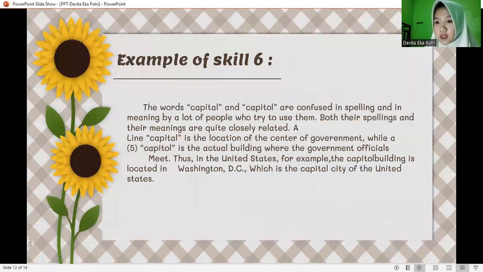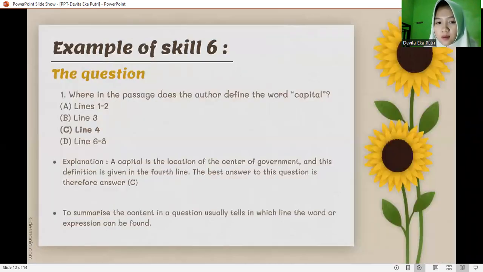Example of skill 6. Consider the reading text to answer the question. Okay, reading together. Okay, next the question. The question number 1.